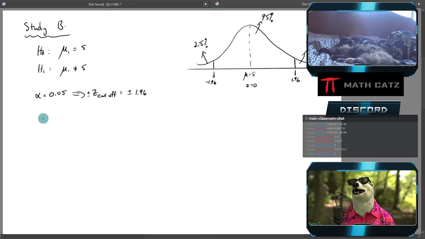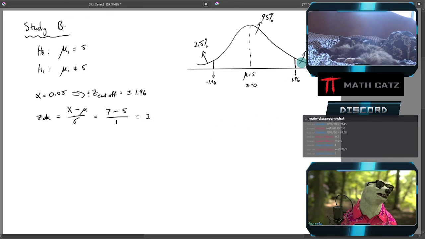Now I want to see what my observed standardized z-score is. I take the observed raw score, subtract the mean, over the standard deviation. That's going to be 7 minus 5 over 1. Simple enough. It's a 2 again. Let's zoom in a little bit. The 2 will be over here.